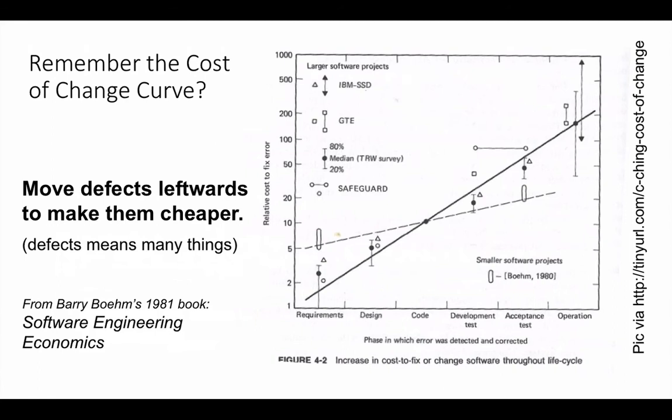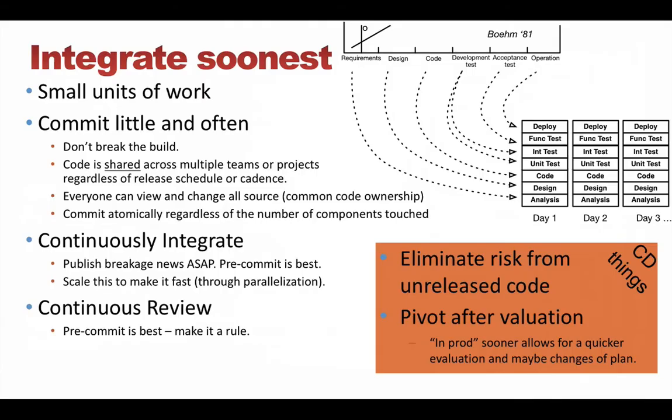So shifting left is an activity that can be seen in any part of this sort of left to right diagram. You know, things that are defective in operations could be kicked back into and found earlier, typically in acceptance testing or development. So same Barry Boehm diagram sitting there at the top, and if we think about that requirements, design, code, development, acceptance, and operation sequence, we can actually imagine doing one of those each day.